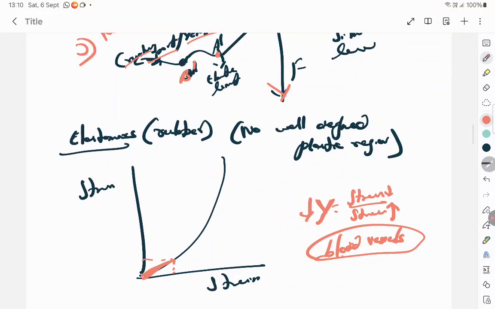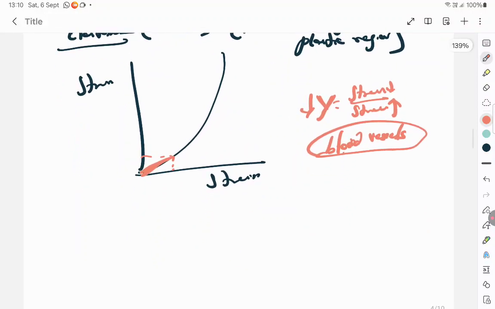Next, elastomers. This is what refers to a rubber band. A rubber band is an example of elastomers. All the other things that we're talking about, be it steel or copper, buildings, everything in this world is elastic, though we don't see the elasticity much. The elastomers, the true example is rubber. For rubber, for a small amount of stress itself, there is a large amount of strain, and the curve is parabolic.